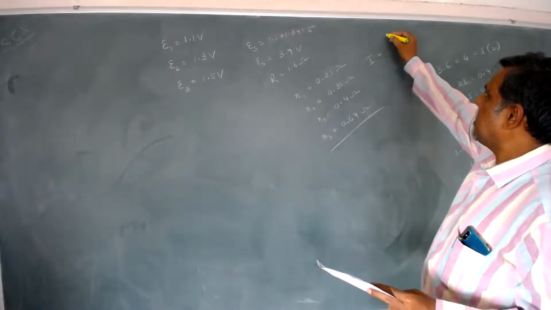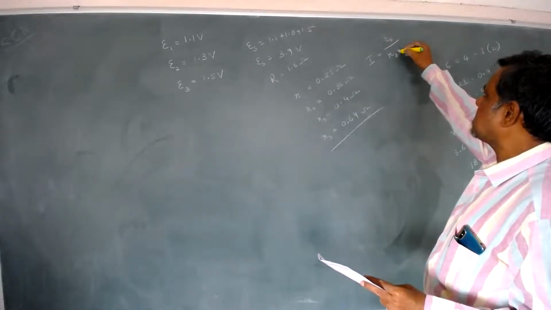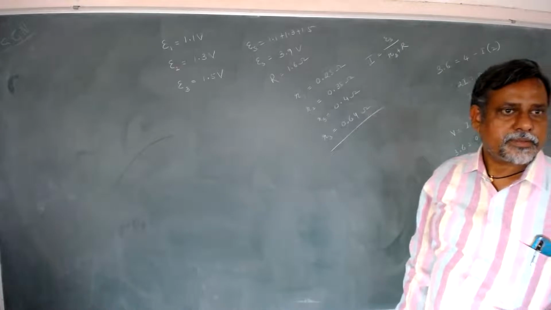So what is the current? Current is the effective electromotive force divided by the effective internal resistance plus external resistance.